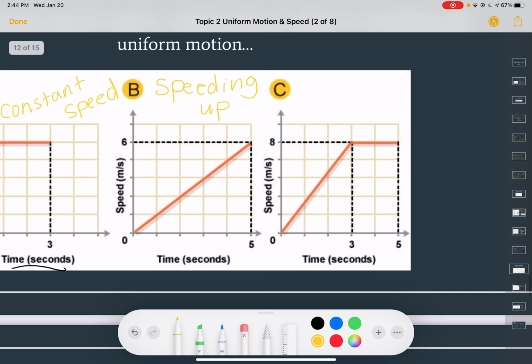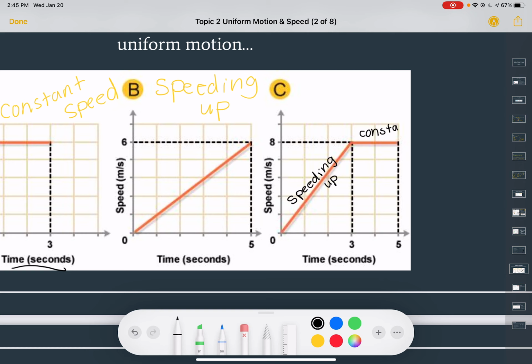And then the last one, speed of meters per second over time. We've got 2 lines here where one is part of the graph. One part is speeding up. And then the other part is constant.